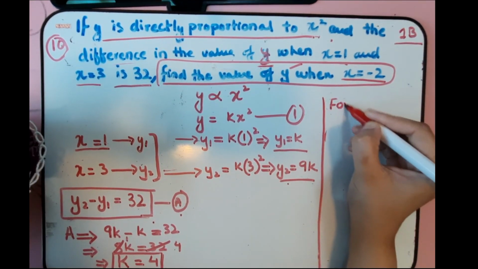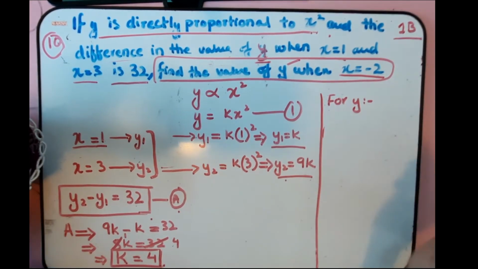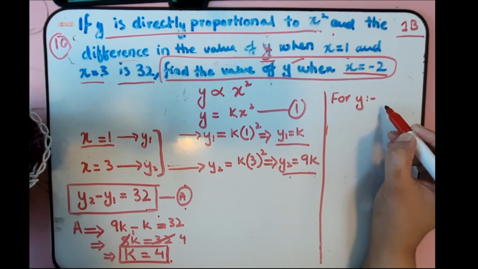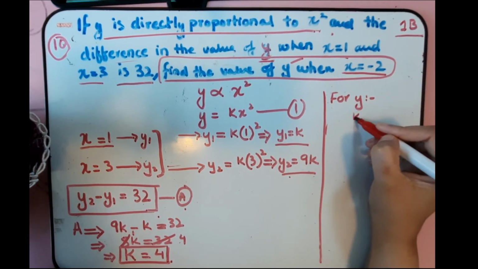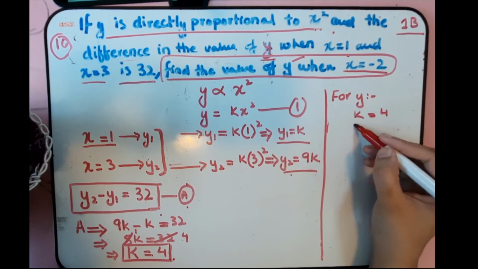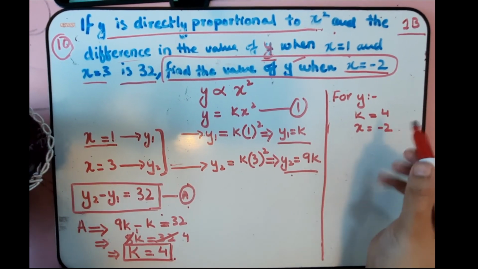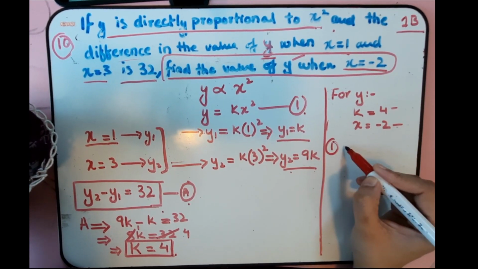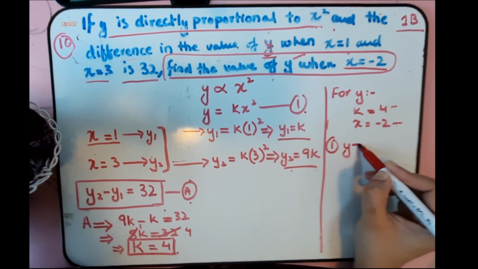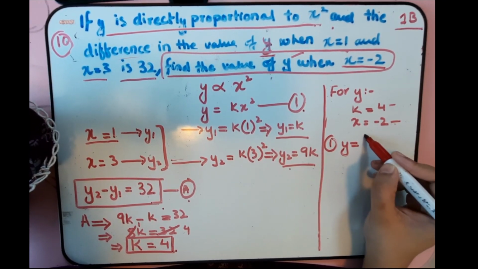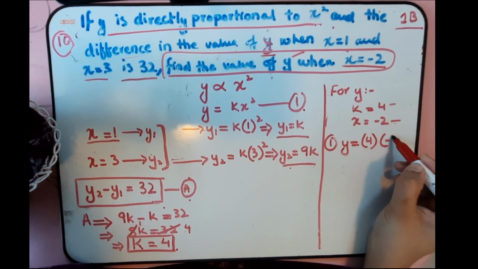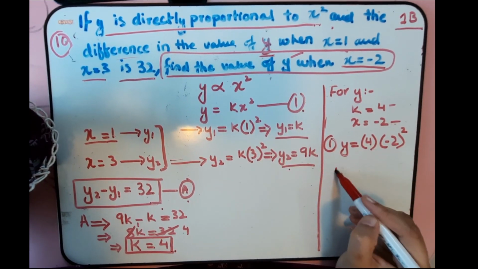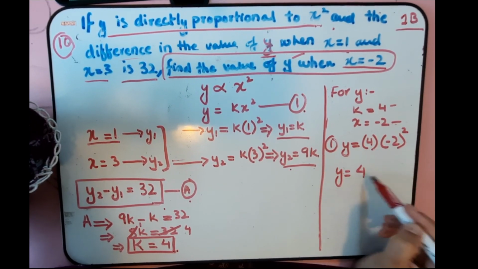So for y, we know the value of k, and x is already given. We will put these two values in our formula and get the value of y. Y is equals to 4 into minus 2 whole square, right? 4 into 4 is 16.